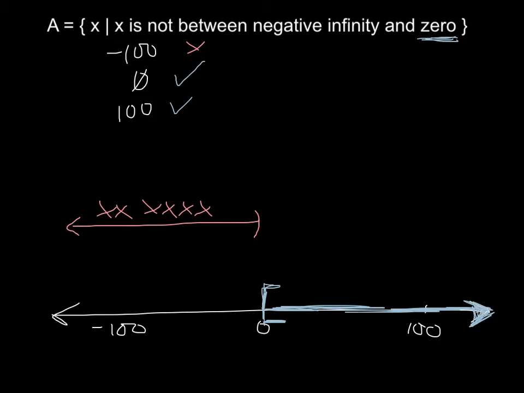So the word "not" means everything else. If it's between negative infinity and 0, that's not where we want to be. So x is from 0 through positive infinity.